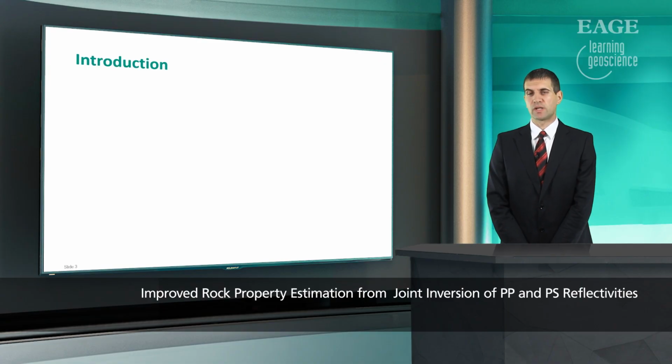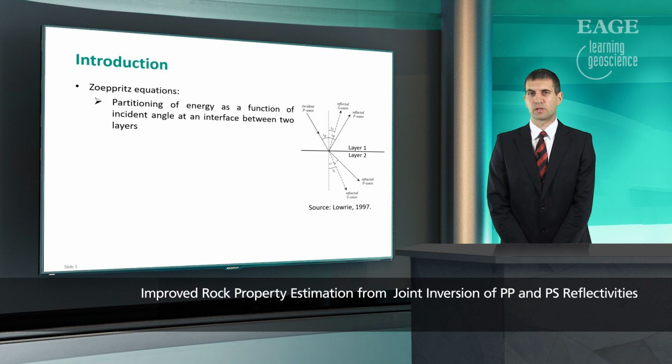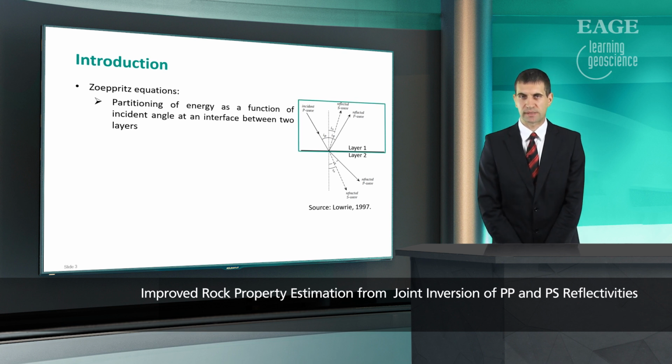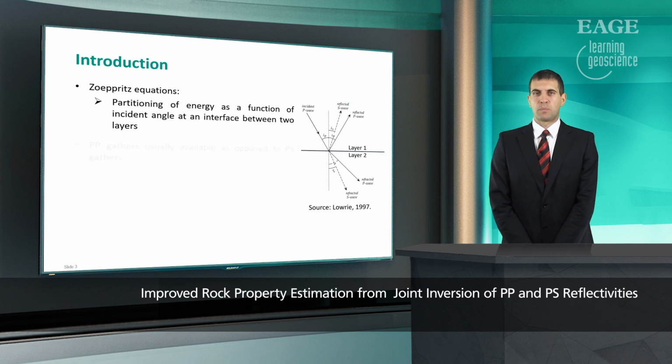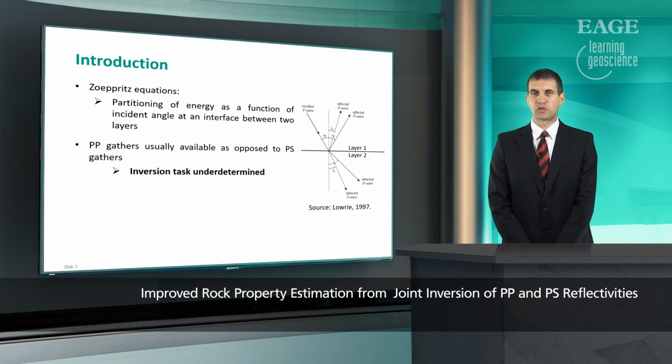So what do Zoeppritz equations describe? They describe the relations of incident, reflected, and transmitted longitudinal waves and shear waves on both sides of a plane interface. Non-zero incident P wave generates reflected and refracted P and S waves, as the figure on the right reveals. P2P gathers are usually at disposal to seismic interpreters, while the P2S gathers are rarely acquired.